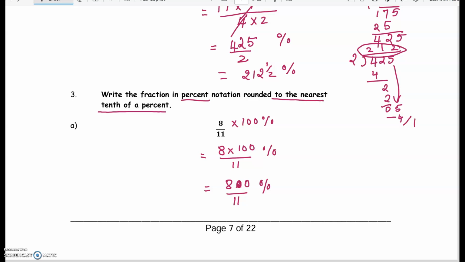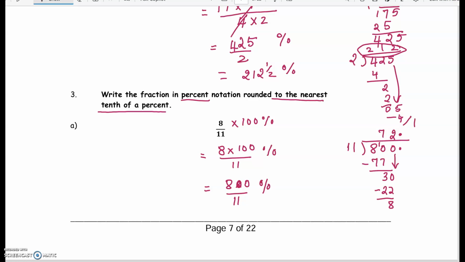Now we just have to change 800 over 11 to a decimal number. 11 is the divisor, the denominator. 11 sevens are 77. The difference is 3. Bring the 0 down. 11 twos are 22. Subtract, you get an 8. Remember, we are doing decimal division because of the instructions.